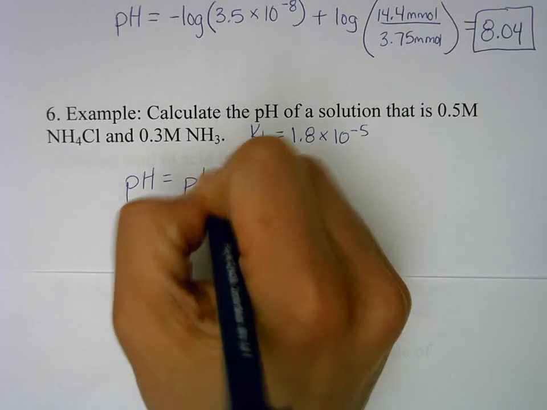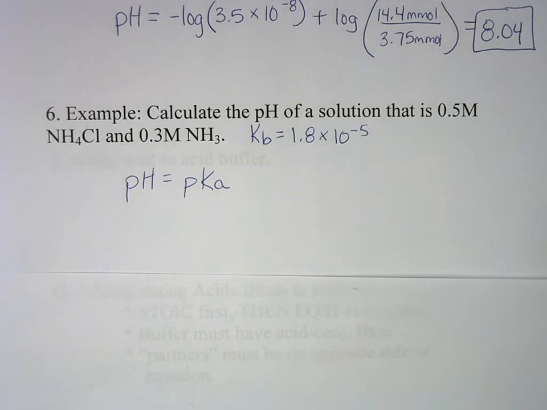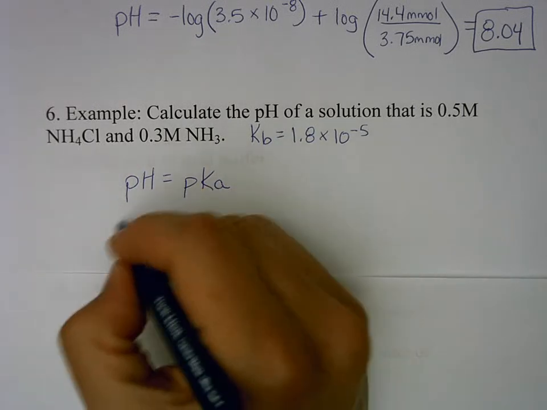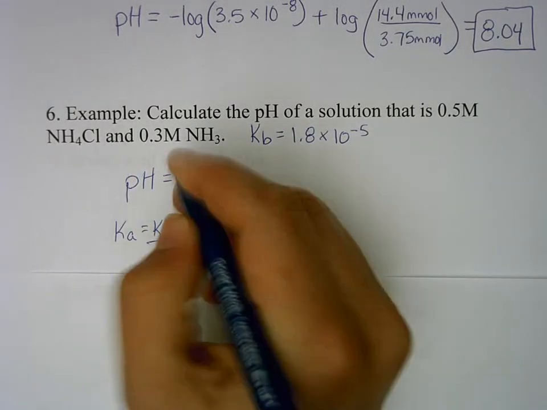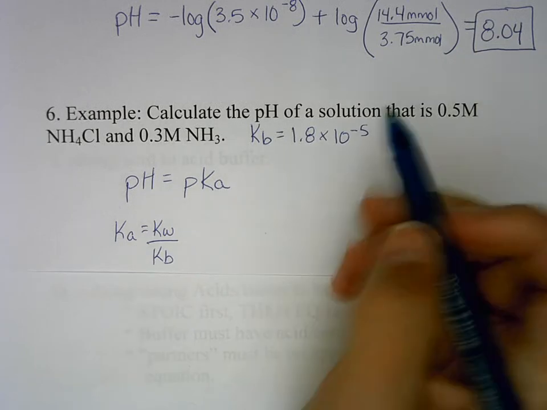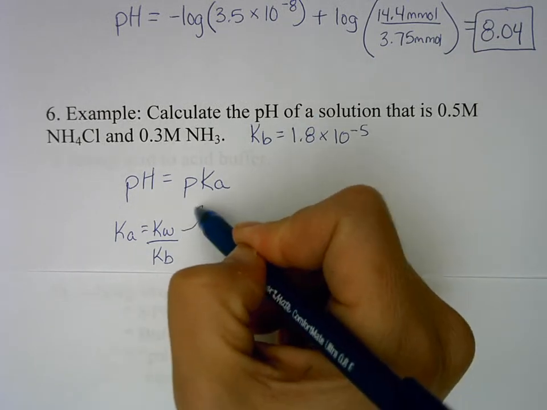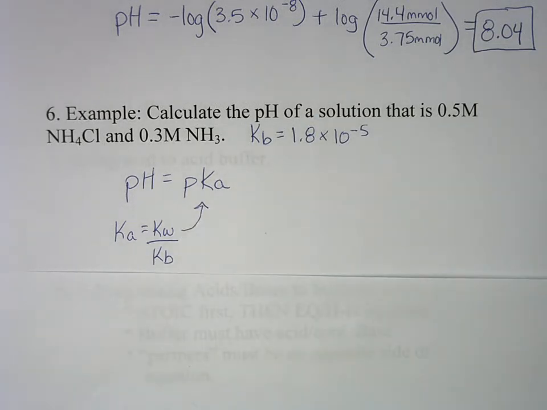The equation does not change when you're dealing with buffers that have bases in them, like NH3, weak bases. It's still pKa. So that means that you first have to figure out Ka by doing Kw over Kb and then plugging that in and negative logging it. That's the added step. And then everything else is the same.